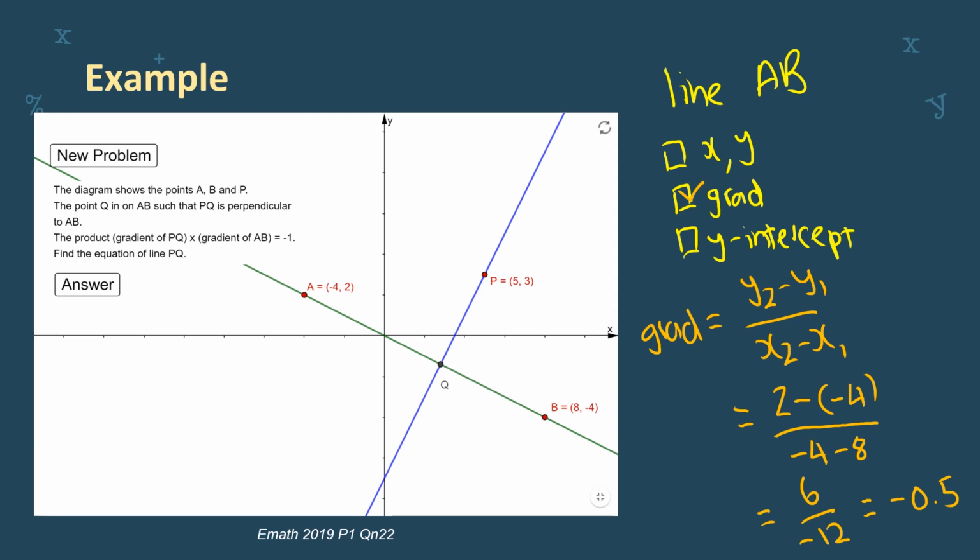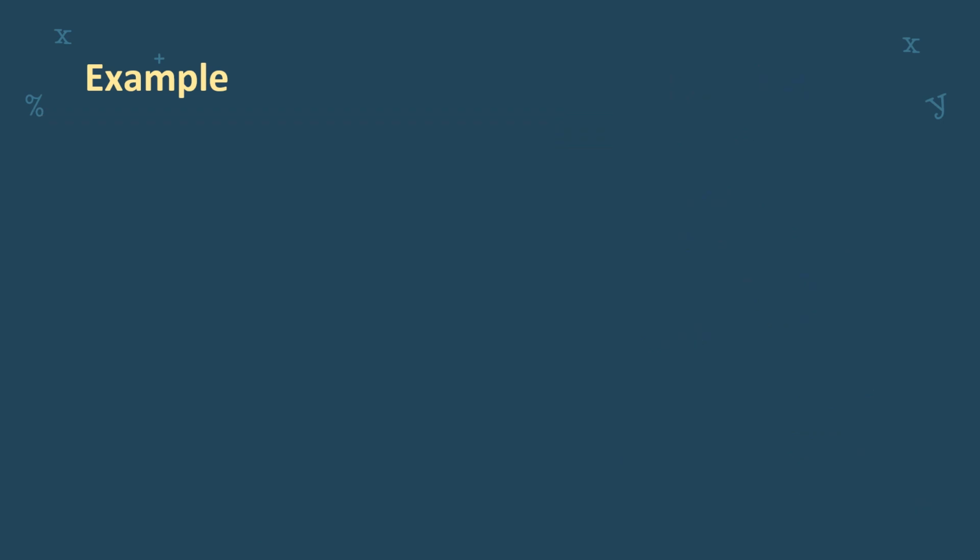So we can place a tick here. Okay, next we need to find the y-intercept. So we know that the coordinates of A are (-4, 2). We know that our gradient is -0.5. So now we can find the y-intercept. We have the xy value and we have the gradient. What we need to find is just the y-intercept. So we're going to sub all these values into our equation, which is y equals mx plus c.